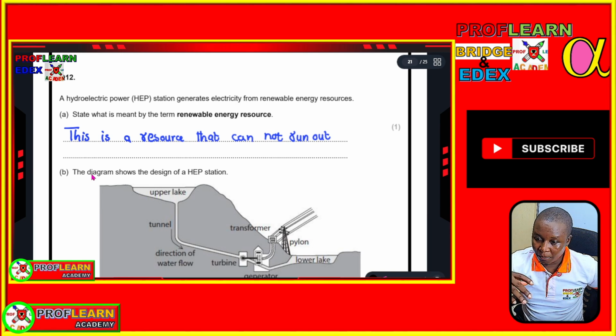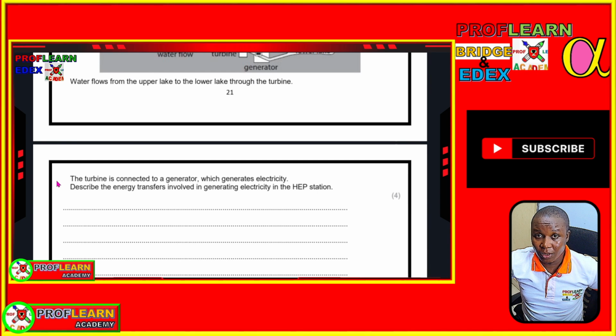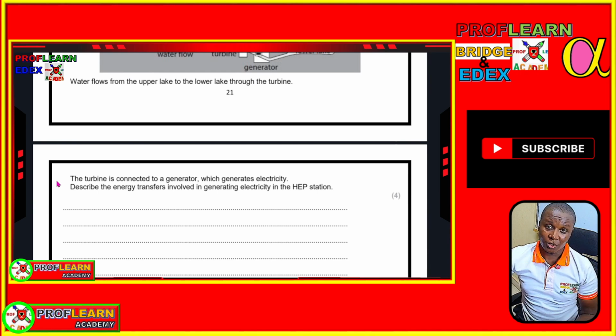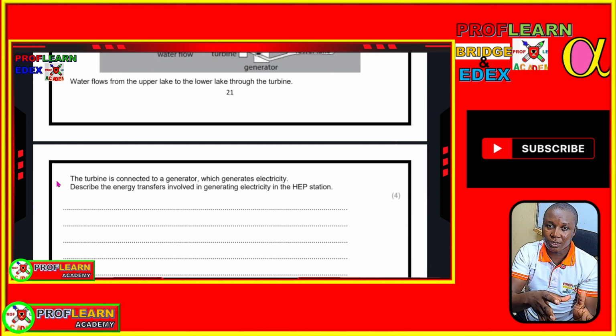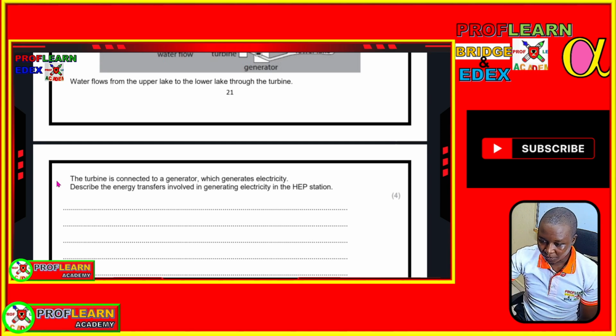A hydropower station is also an example, which makes use of the potential energy of water held at a high level, and when that water runs through the tunnel, the potential energy is converted to kinetic energy, which runs the turbines, and the turbine rotates the generator, which produces electricity through electromagnetic induction. So basically that is it.